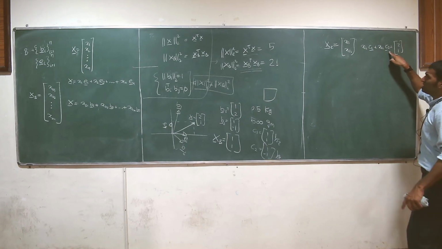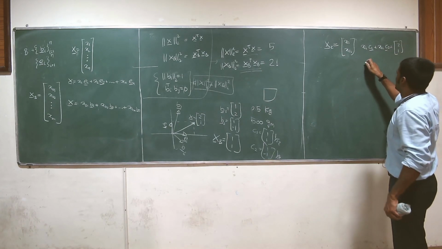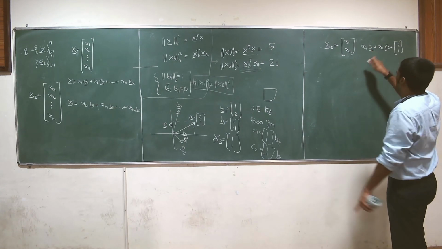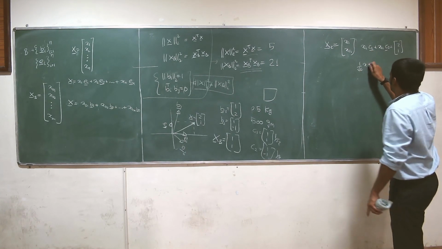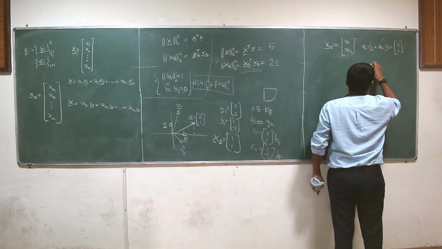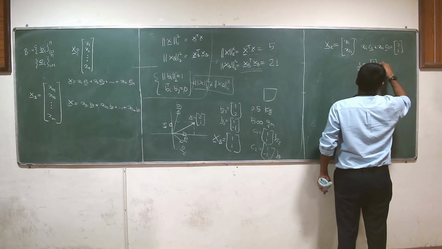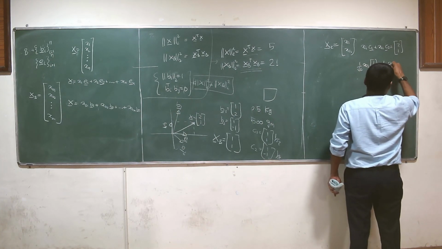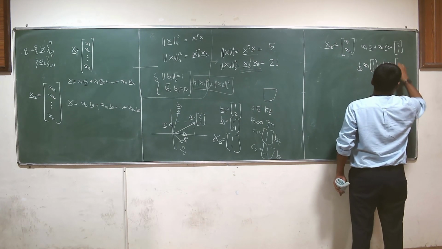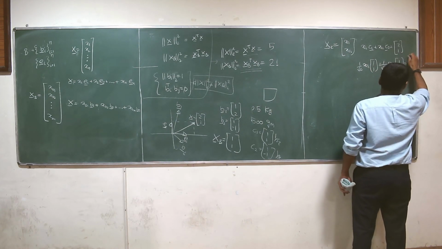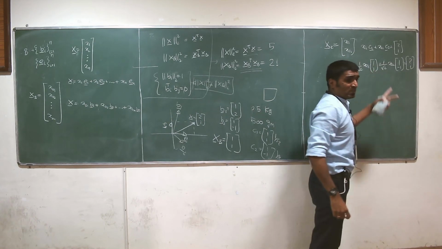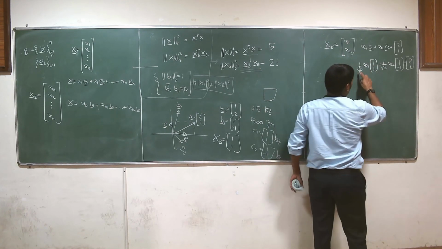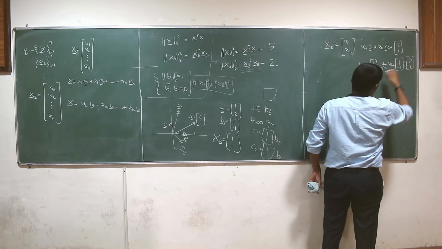I know what these are. There is a 1 by root 2, right? xc1 times 1, 1 plus 1 by root 2 times xc2 times 1, minus 1 equals 2, 1. I have two unknowns and two equations. Let's take the root 2 to the other side.